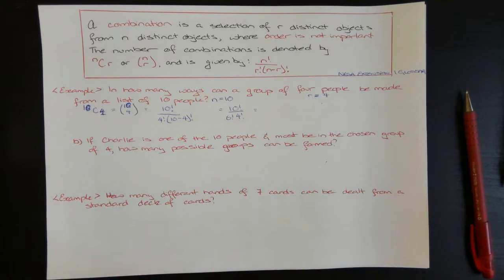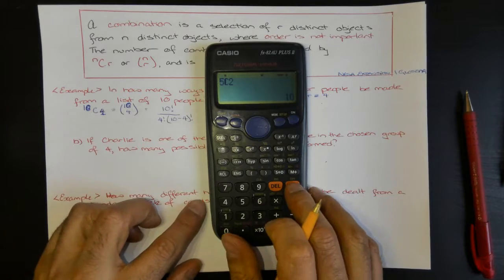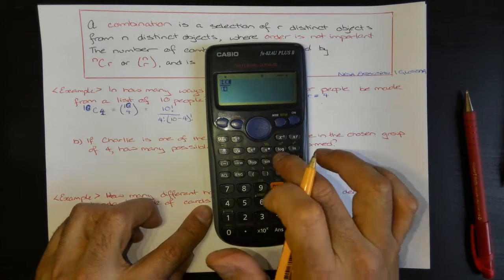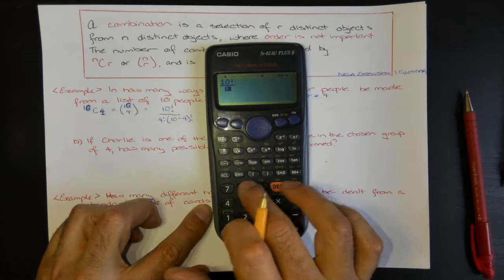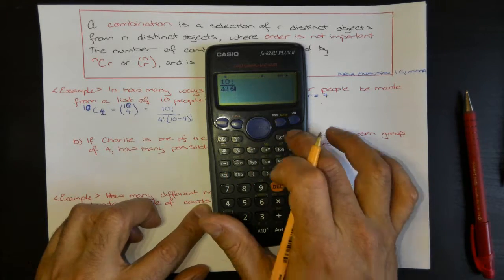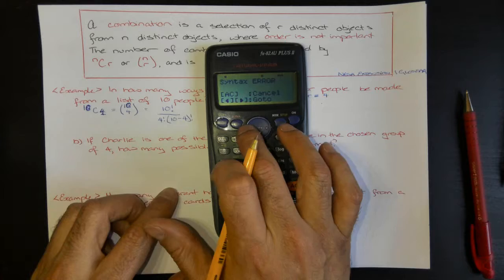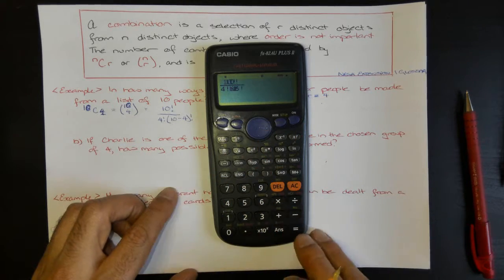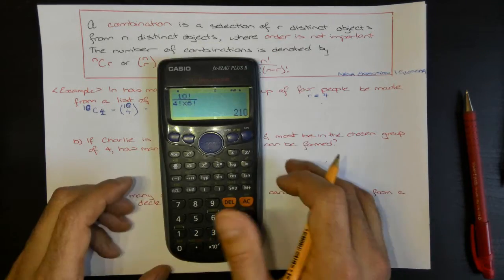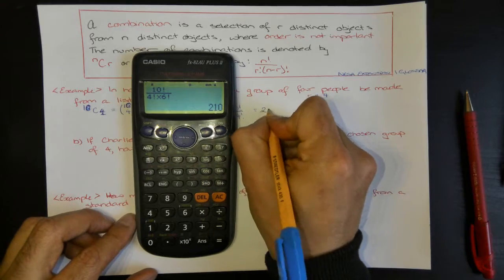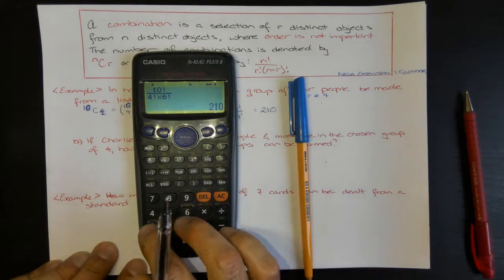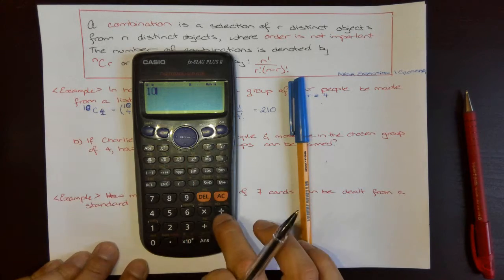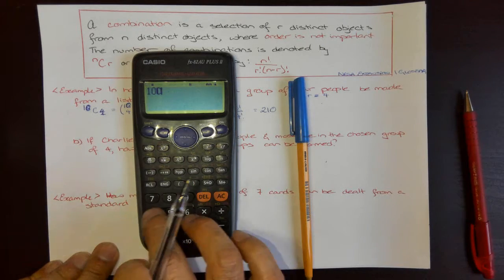So if we were to do that in our calculator, we've got 10 factorial over 4 factorial 6 factorial, and we get 210. And that's the same as writing it as 10 shift divide 4.